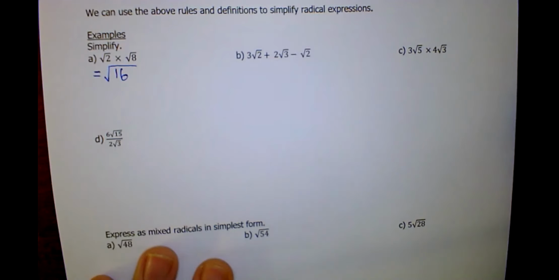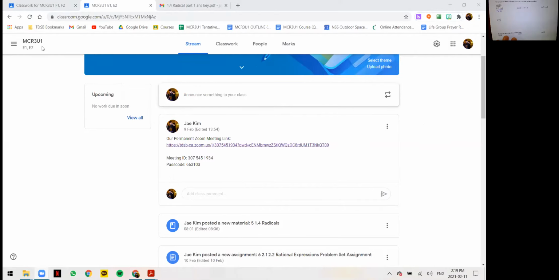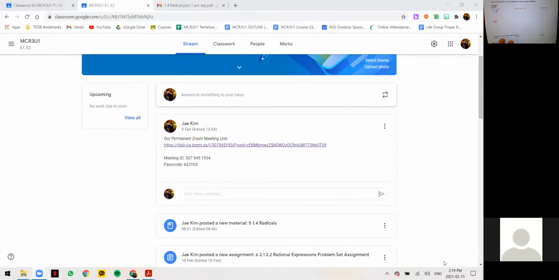Here, let me do this. Do you see my chat boxes? I don't even know if you see what I'm seeing. There should be a thing right here.